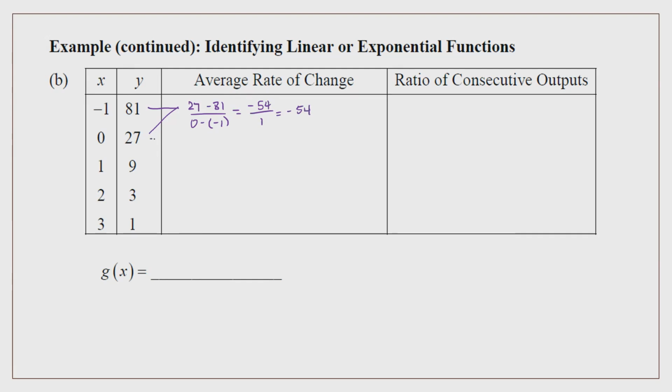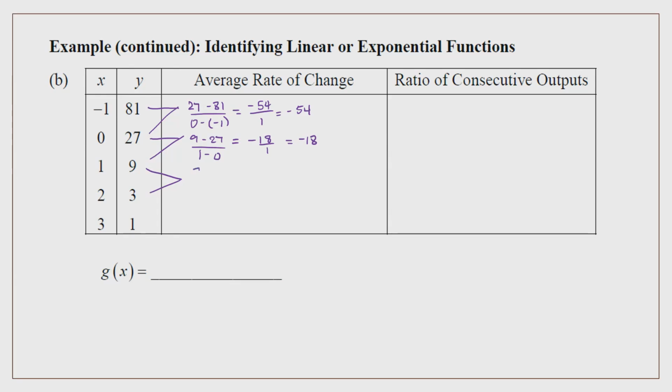This one isn't looking like it's going to be linear, but maybe it'll prove me wrong. Next, 9 minus 27 divided by 1 minus 0, and that is negative 18 over 1, which equals negative 18. Nope, it's not. That's okay.